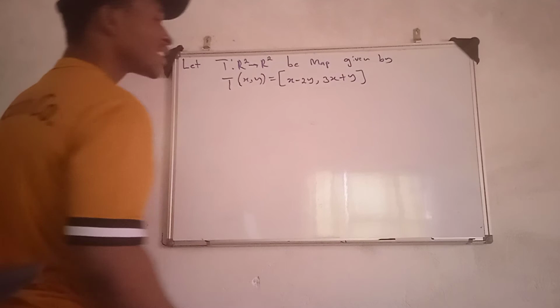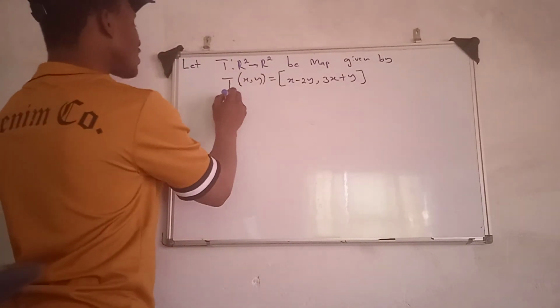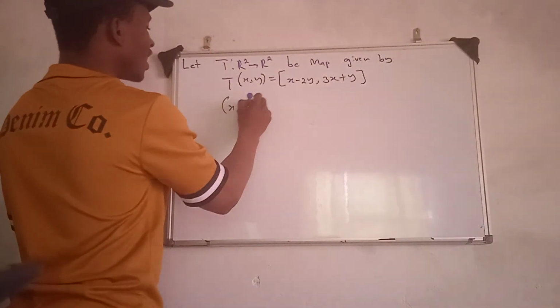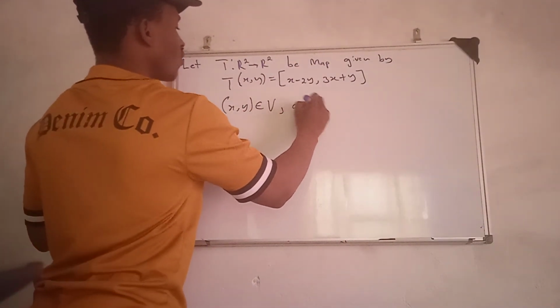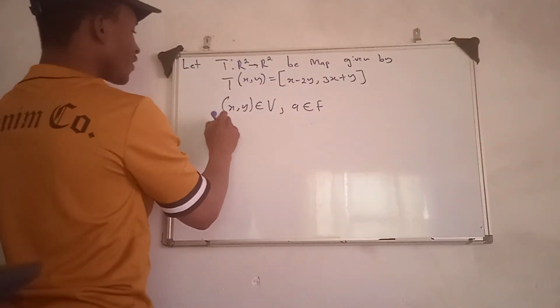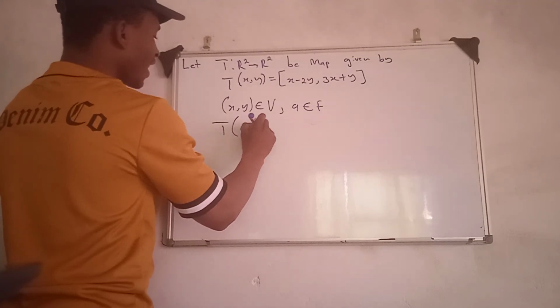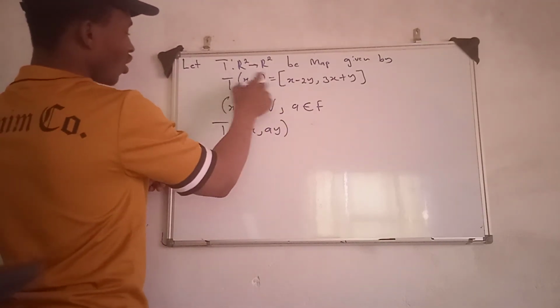So let's consider this for a scalar, since the first condition was met. We'll not consider the derivative this time. We'll consider this, where a belongs in F. So if I write it like this, I will multiply by a inside.